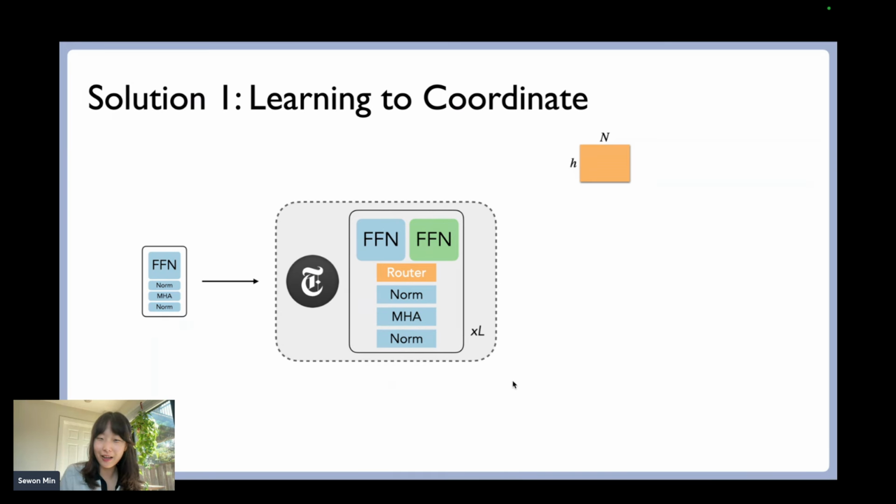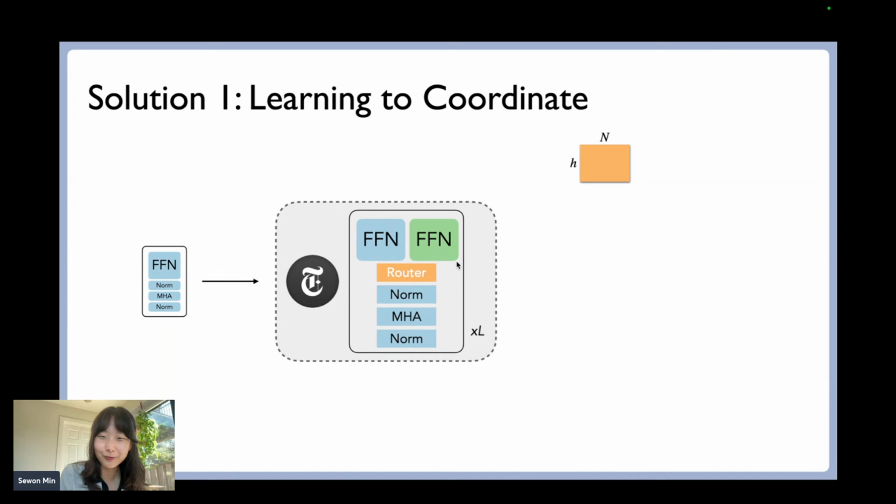It's a mixture of experts, but with just two experts. And then this blue one will be frozen. You're only training this second FFN during training. So it's equivalent to adding a second expert that is initialized from the previous expert and then trained. We'll talk about the router later on, so let's ignore that for now.